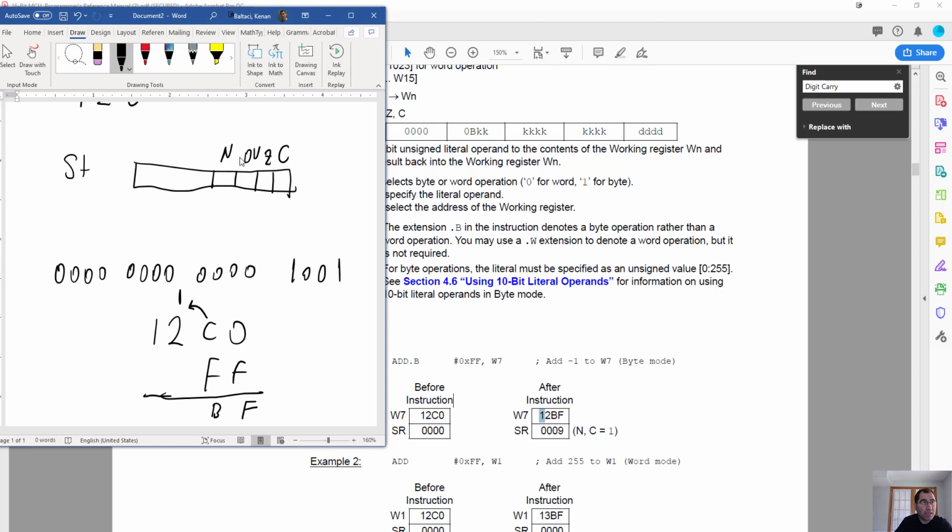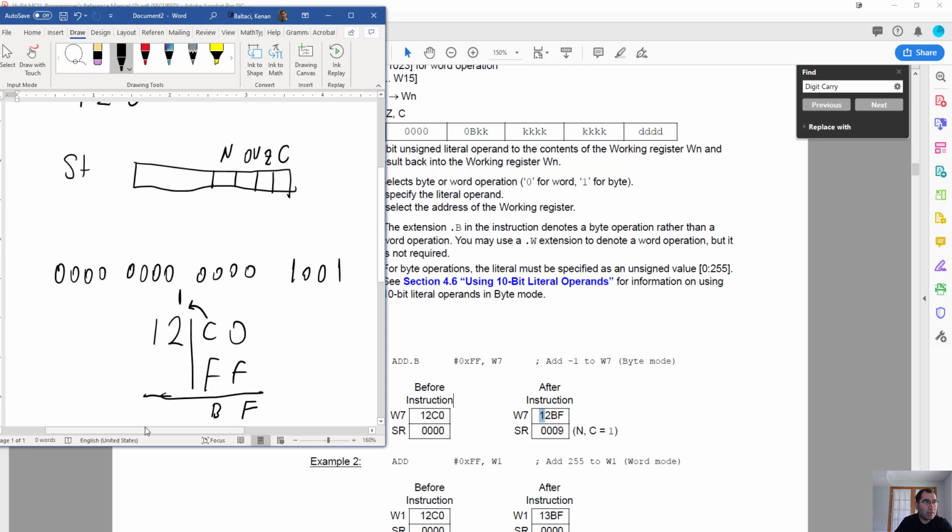Normally, if you had a word operation here, this carry would go here, and you would have 3 here, and then 1. But because this is just a byte operation, not a word operation, the carry is not carried here. It stops here, because this is hexadecimal 2 digits, which equals 1 byte, right?